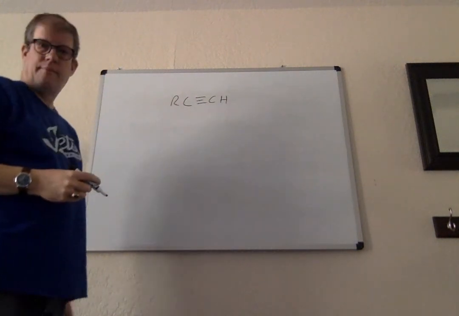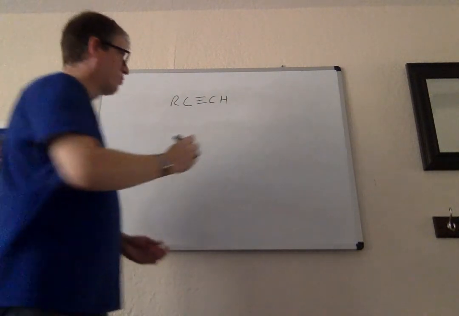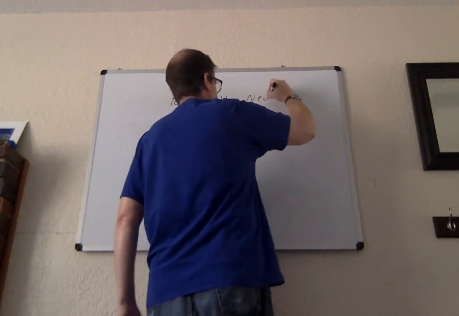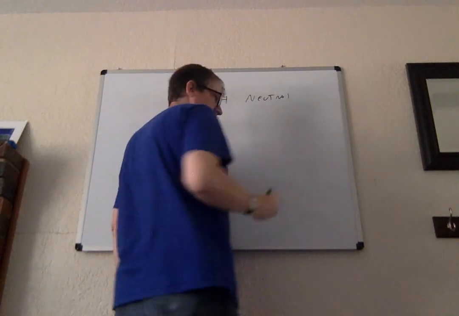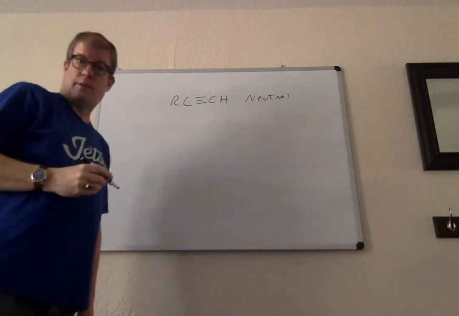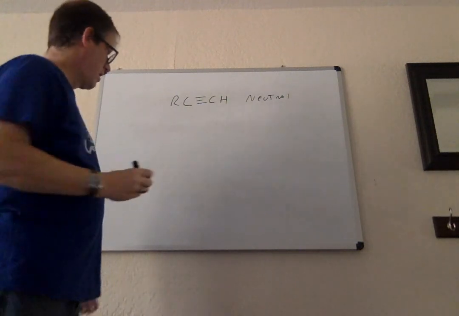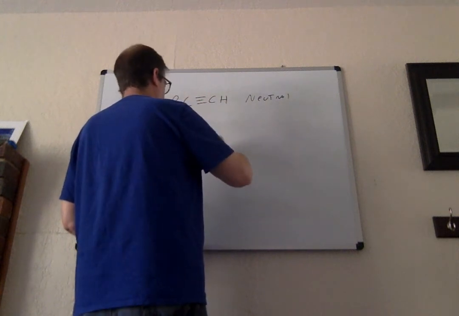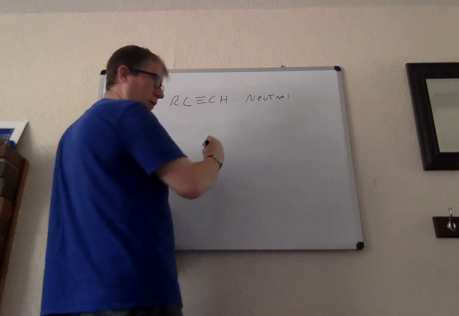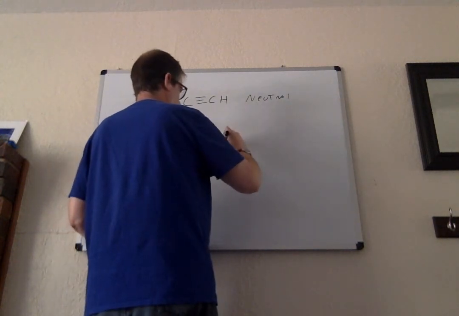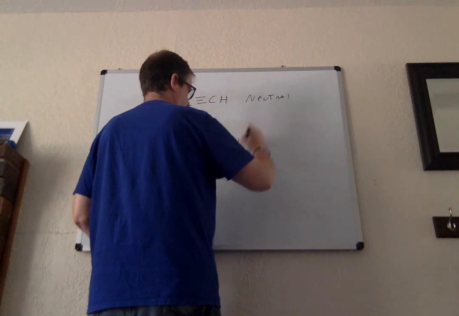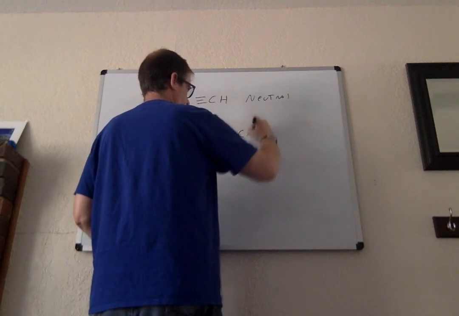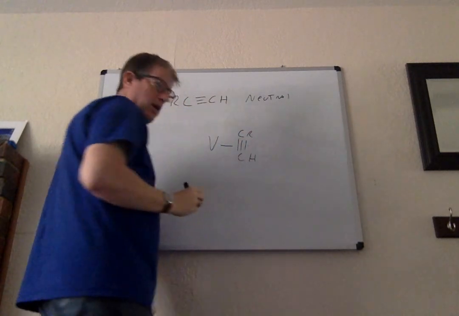That's an alkyne. It's again neutral. And it can bind to metals through its pi electron system as well. And so, trying to think of a different metal to use here. How about this one? A vanadium complex.